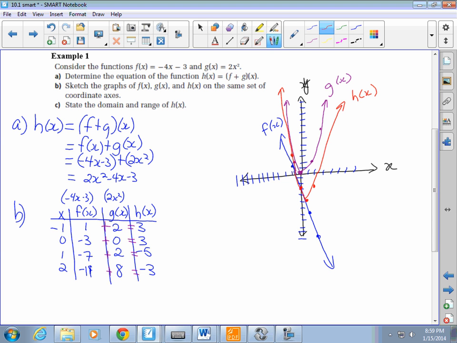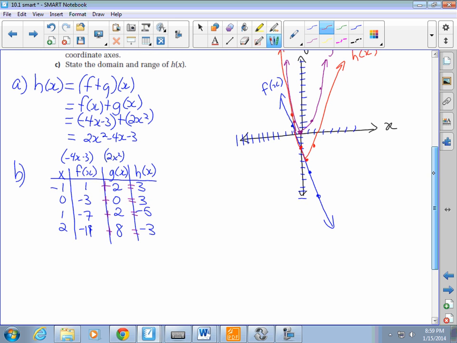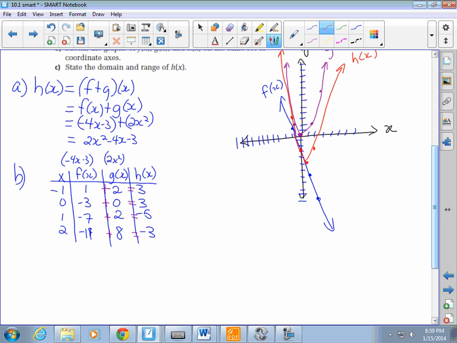Okay. The C part then says, state the domain and range of h of x. So to find the domain and range of h of x, I have to find the domain and range of each one of my functions that I put together, and then see what they have in common.